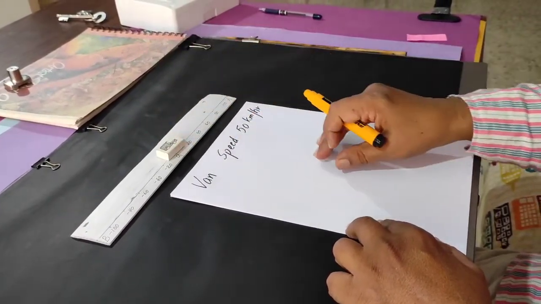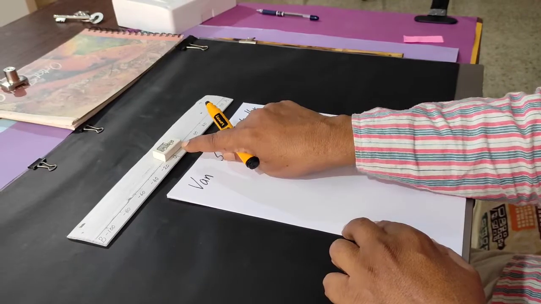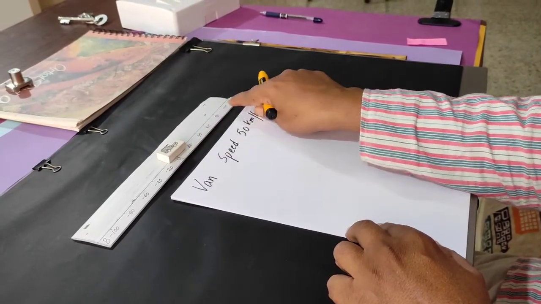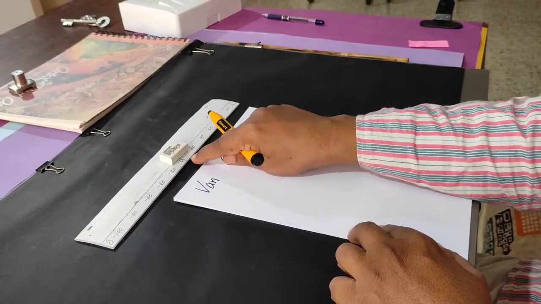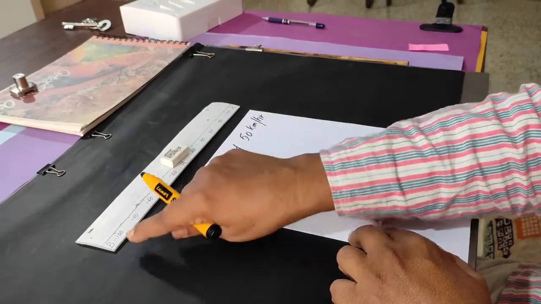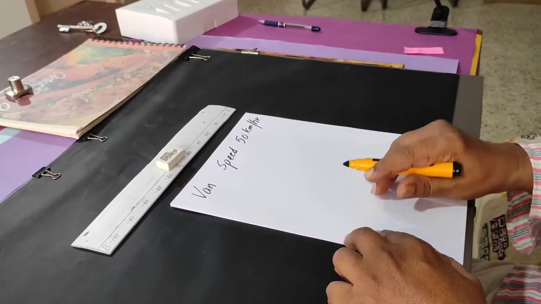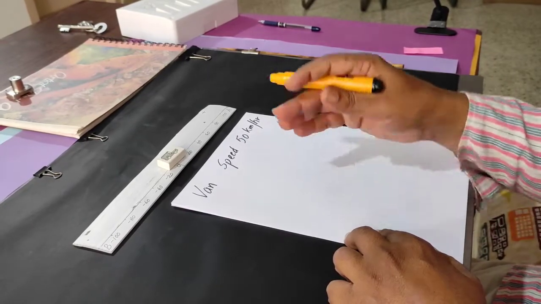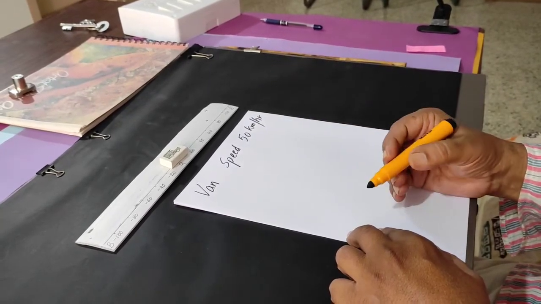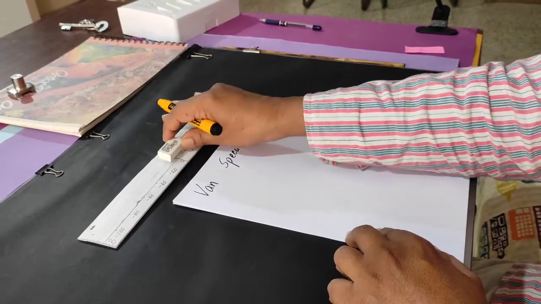So there are certain simple rules where this van is making a journey from 0 to A or A to 0, similarly 0 to B or B to 0. So we have to take certain rules for this kind of movement.